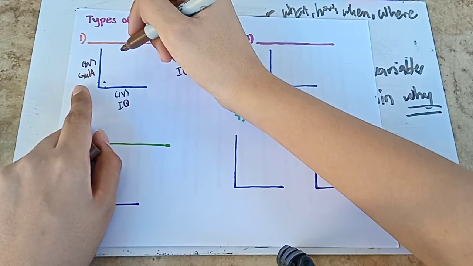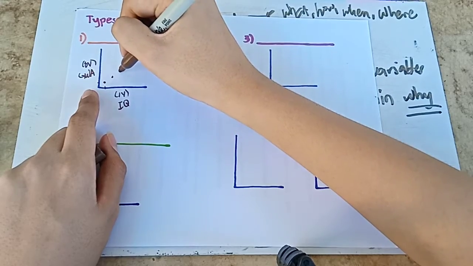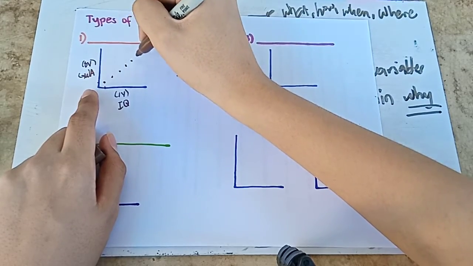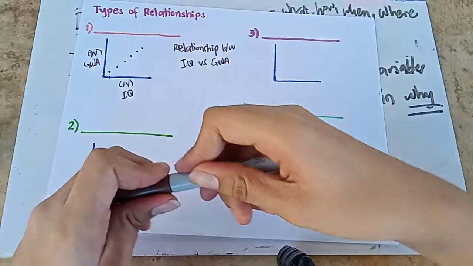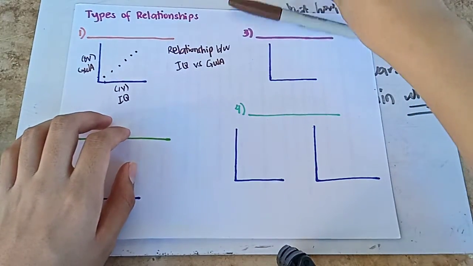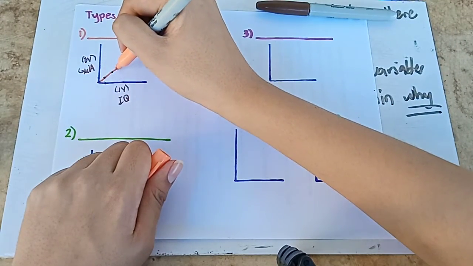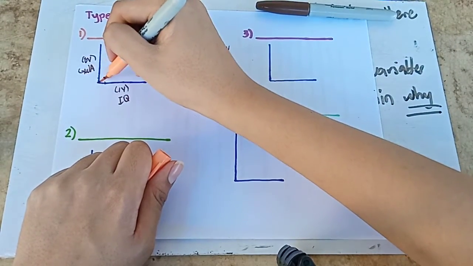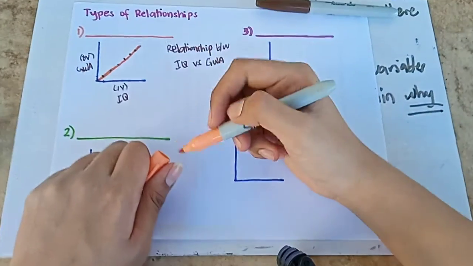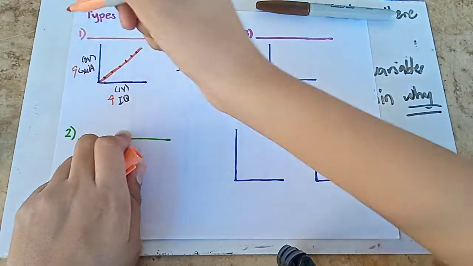So, the higher the IQ, the higher the GWA. With this representation, we can draw a graph from it. This graph represents that the higher the IQ, the higher the GWA.